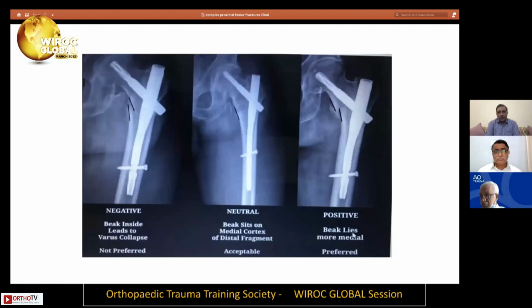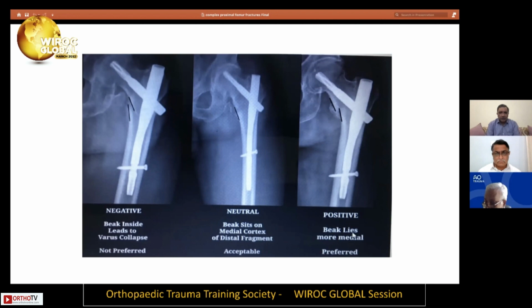So what do we mean by medial positive reduction? If you look at these three X-rays, the first is a negative reduction, where the proximal fragment has sort of gone inside the shaft, meaning the shaft is lying medial to the proximal fragment.